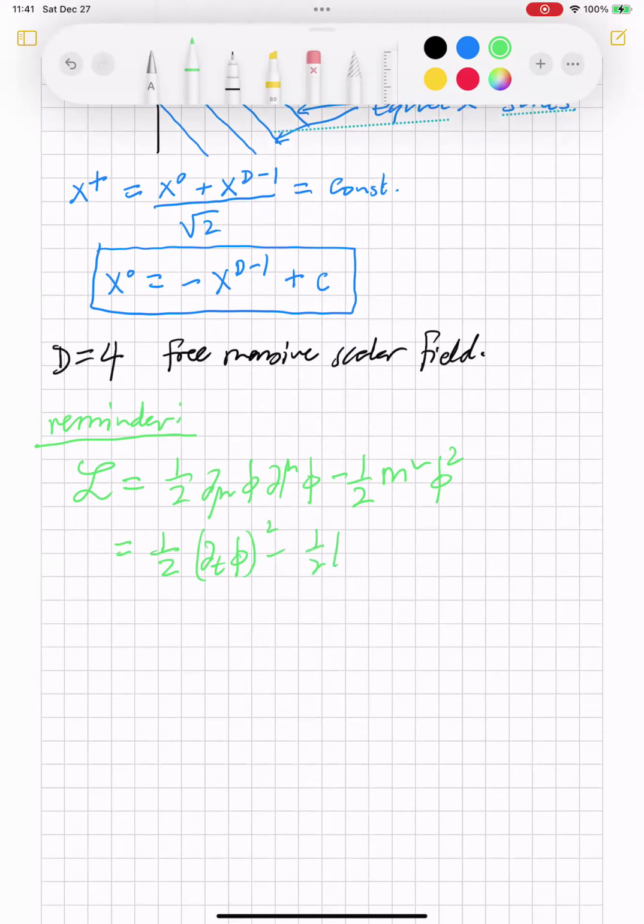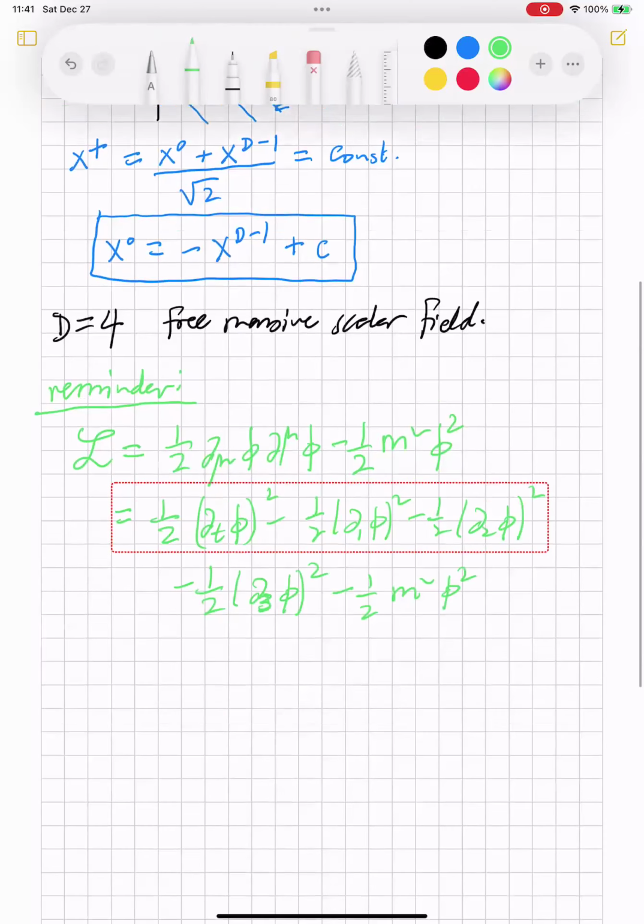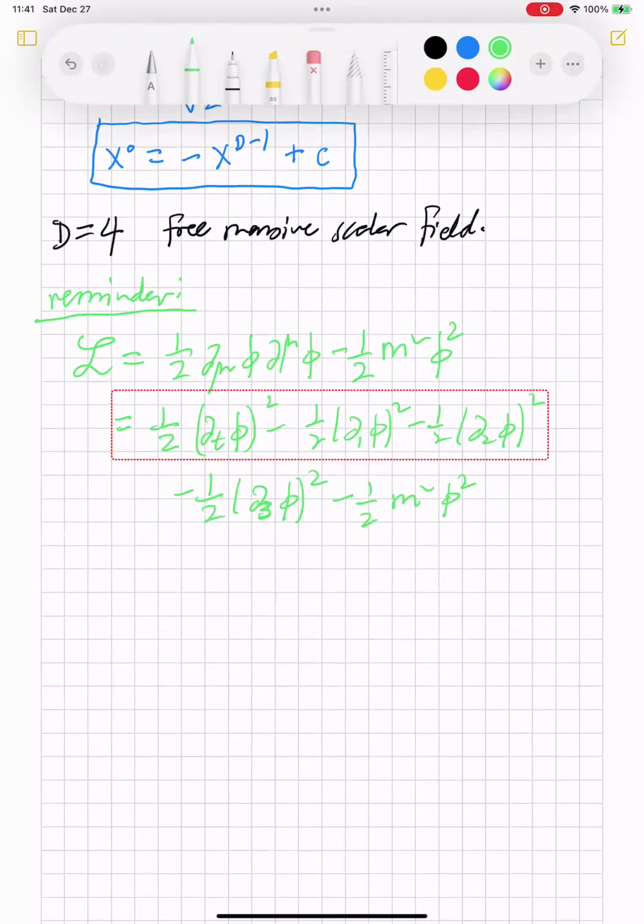We've got minus 1/2 d1 phi squared minus 1/2 d2 phi squared minus 1/2 d3 phi squared. So that would be the kinetic term. And then, of course, we've got minus 1/2 m squared phi squared. What would we have for an equal time description?